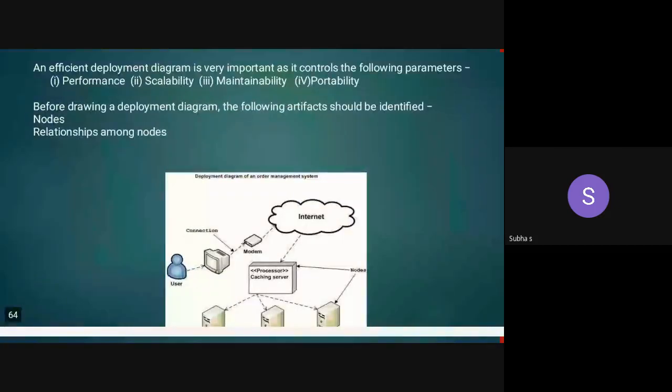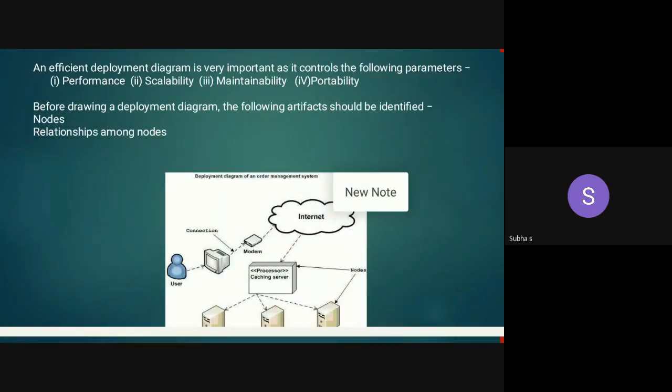Scalability means how much activation is done. Maintainability means it should be good for all cases. Portability is transformation.